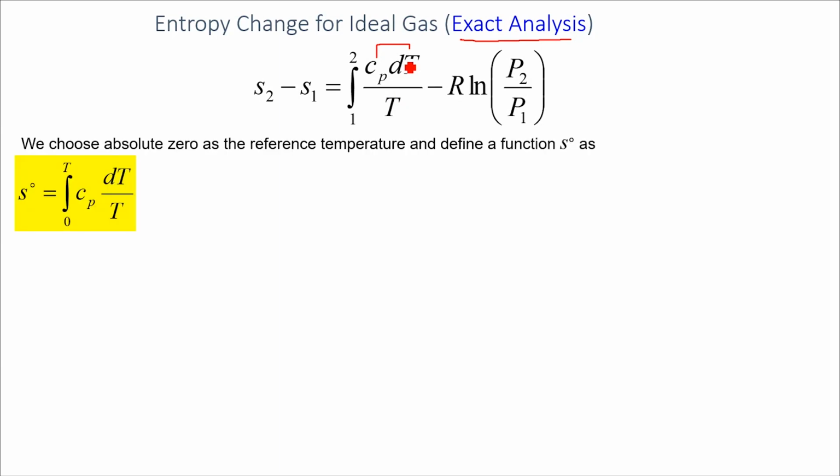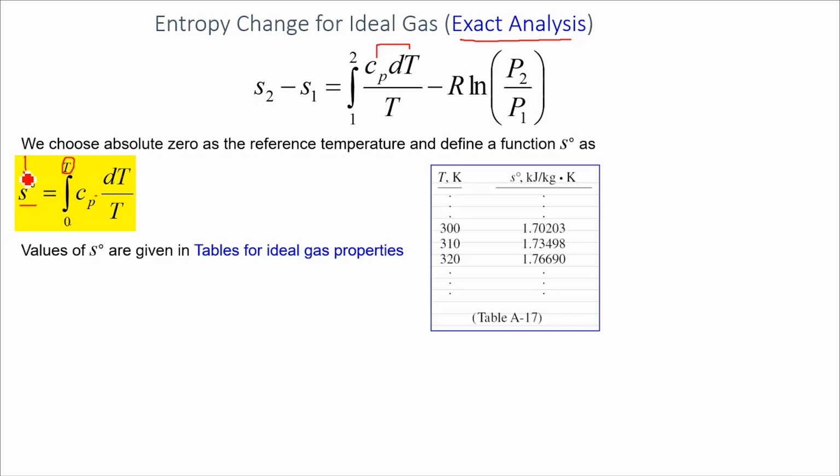A table has been developed for ideal gas with the symbol S naught, which is the integration of Cp dT over T from 0 Kelvin to the Kelvin temperature given to you. It has already been calculated and tabulated for you under the S naught column. For example, if you look at table A17, for 300 Kelvin, the S naught value is given to you.